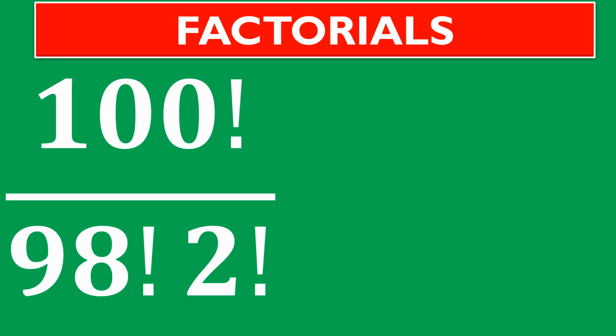Welcome viewers. Today we will be simplifying this factorial, which is 100 factorial divided by 98 factorial times 2 factorial.